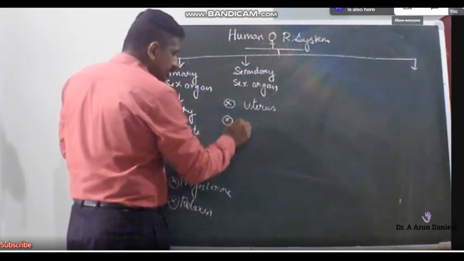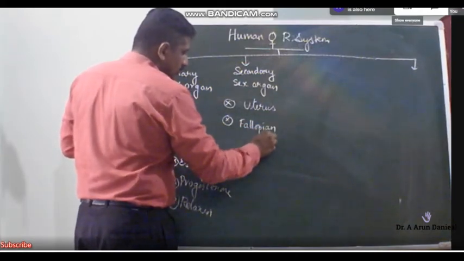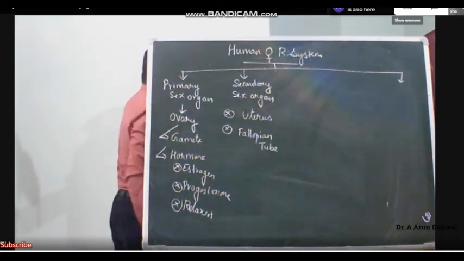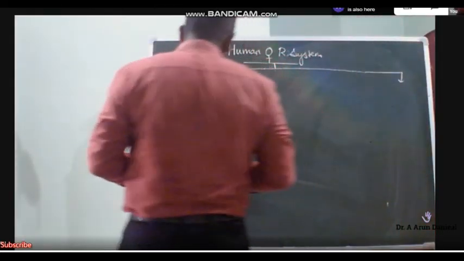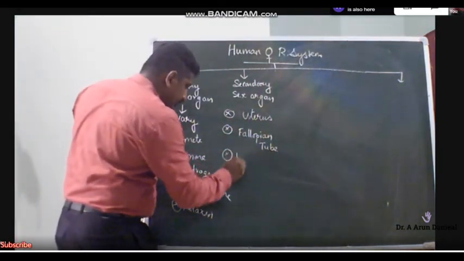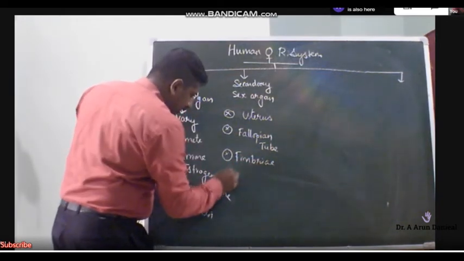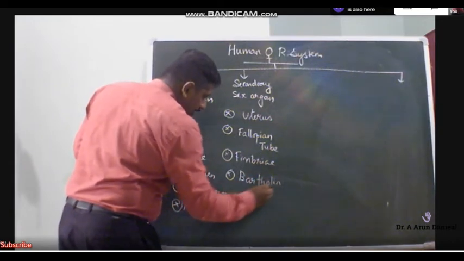Then we have the fallopian tube, and in addition another area called the fimbriae, and we have an important gland called the Bartholin gland.